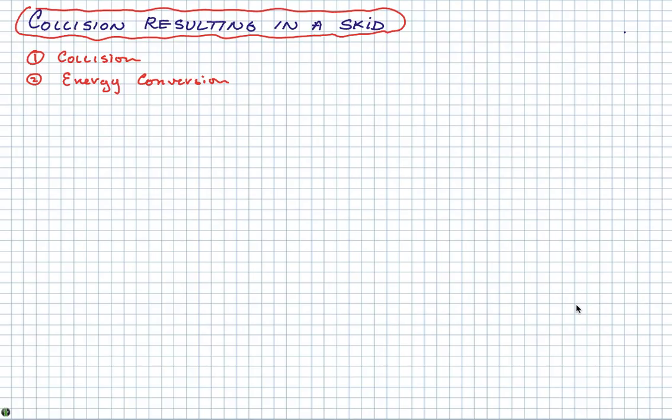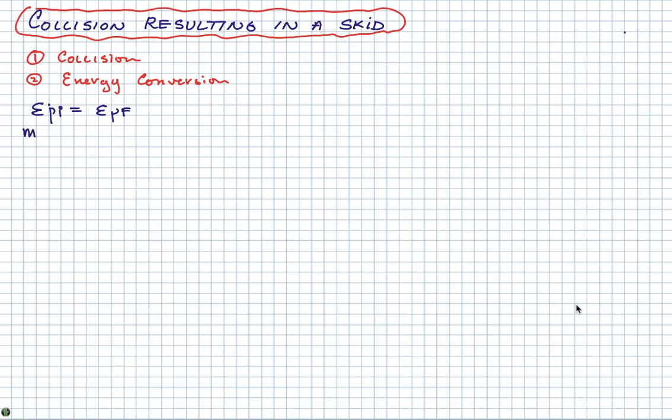So let's have a look at the collision first. According to our understanding of momentum, momentum is always conserved. So sum of Pi is equal to sum of P final. Initially only the arrow is moving, so it has momentum.